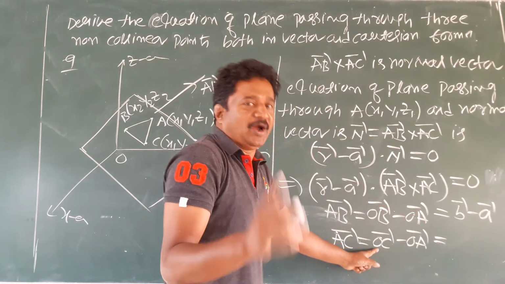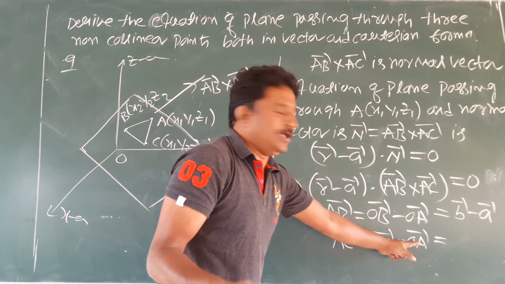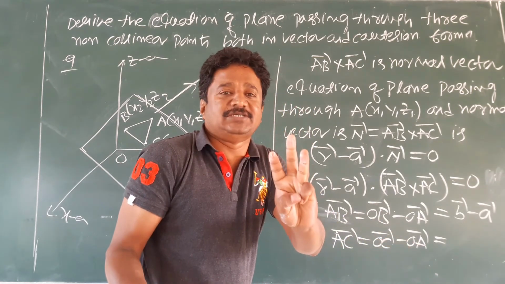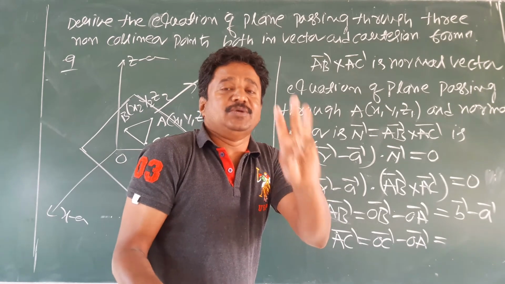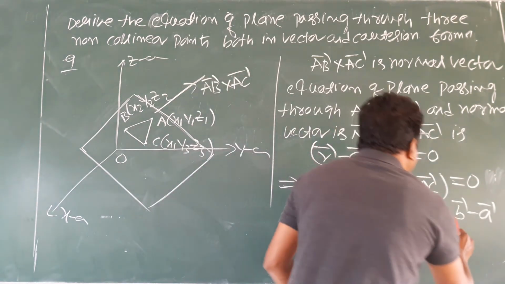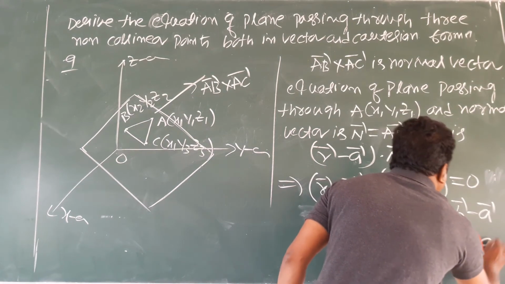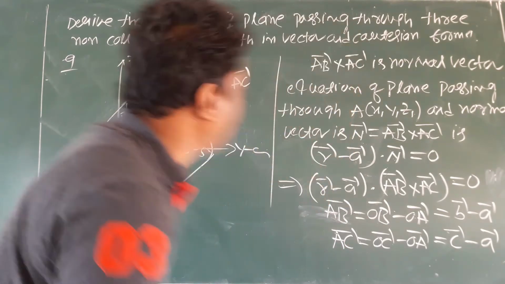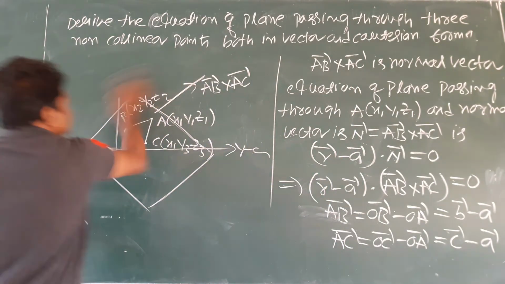OC means point C, OA means point A. Point A, point B, point C. We have 3 points. How do you represent points? You take the points as vector A, vector B, vector C. So AC is C minus A. You just substitute in that, and you are going to get what is called the vector form, the vector equation of plane.